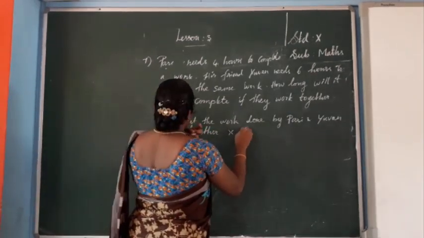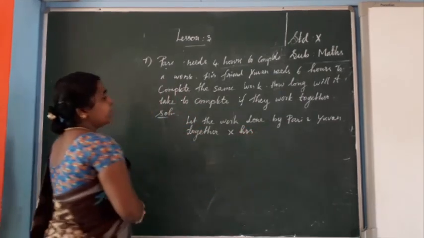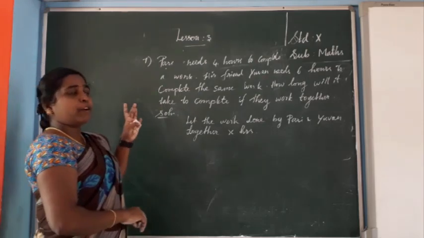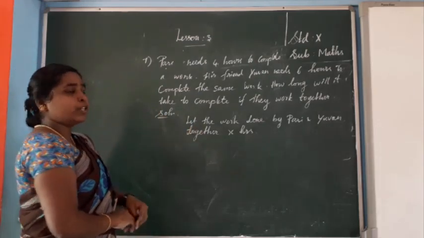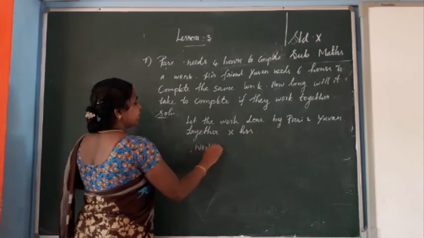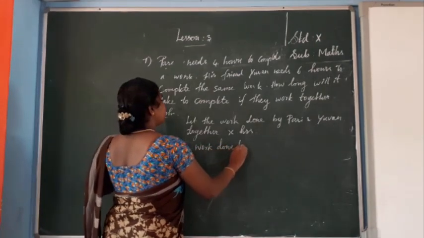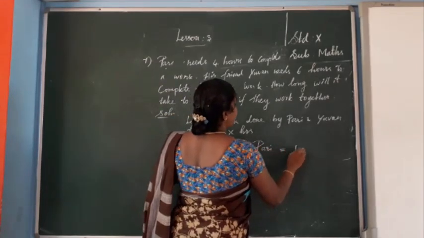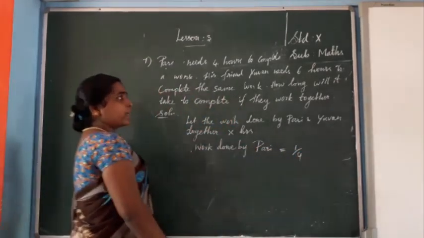Now, work done by Harry: totally 4 hours, so one part only we are going to mention. So work done by Harry equal to 1 by 4.